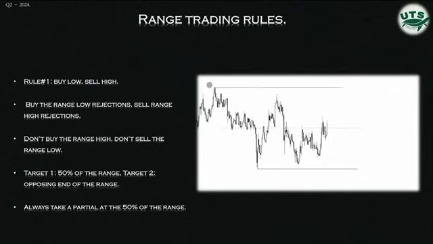Again, you have a range high, range low. The market is clearly chopping between point A and point B. The rules say buy low, sell high: buy the range low, sell the range high. Don't sell the range low, don't buy the range high. Target one is 50% of the range, and target two is the opposing end.